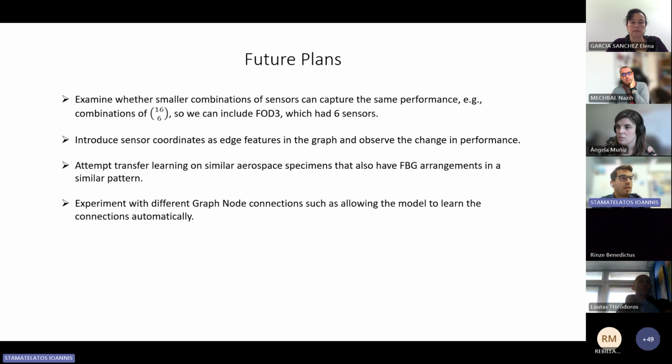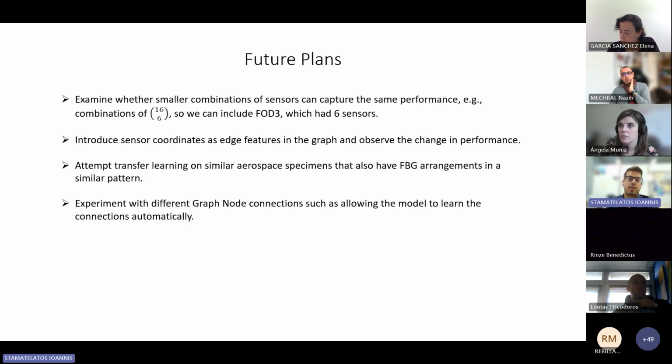Also, this is an inherent advantage of graph neural networks: someone can put more information in the graph neural networks as edge features. We didn't do that for benchmarking reasons.